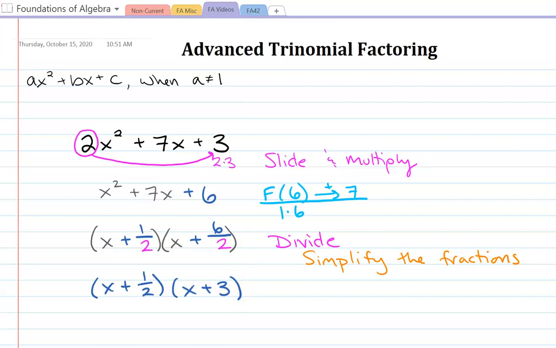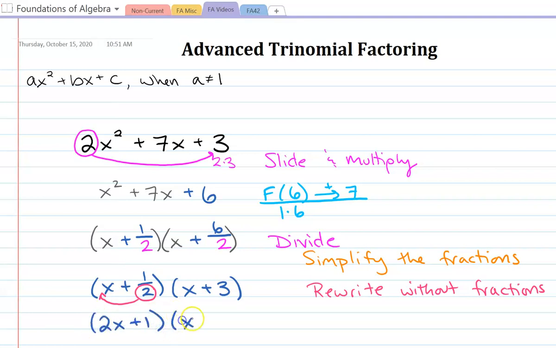And the last thing we're going to do is rewrite it without the fractions. So how that works, we're going to take the denominator, whatever that is, and move it right in front of the x. So our final answer here would be 2x plus 1, x plus 3.